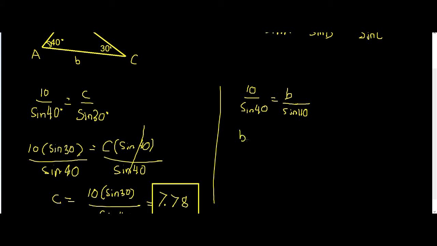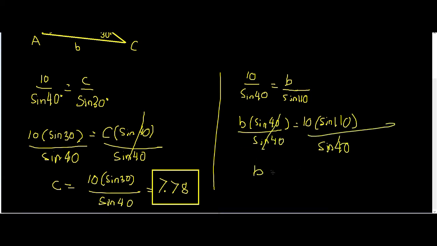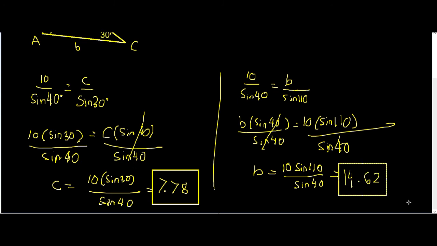Meron kang B times sine 40 over 10 times sine 110. Dividing both sides by sine 40, we have now B is equal to 10 sine 110 over sine 40. Again, input that on your calculator. You will have 14.62 and the value of C is 7.78. That's your sine law.